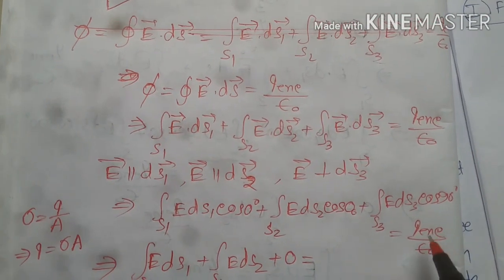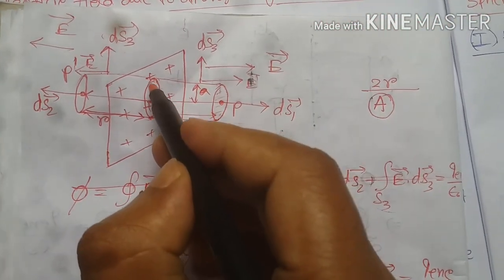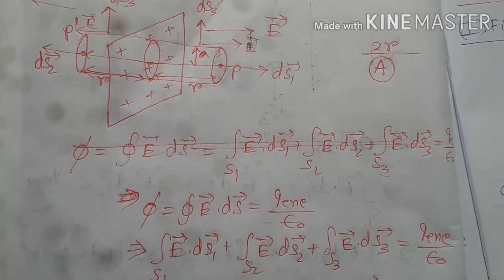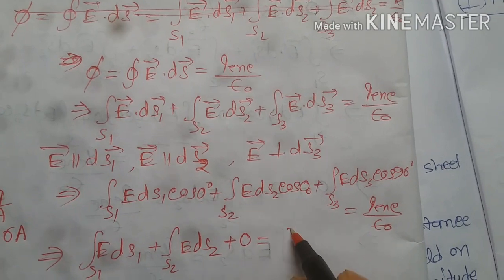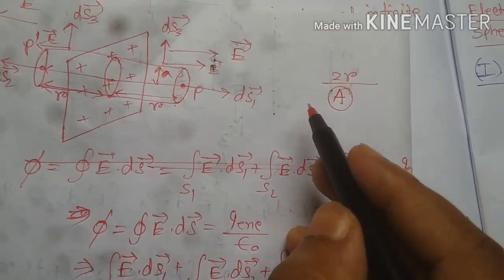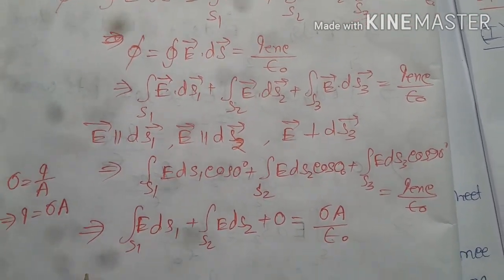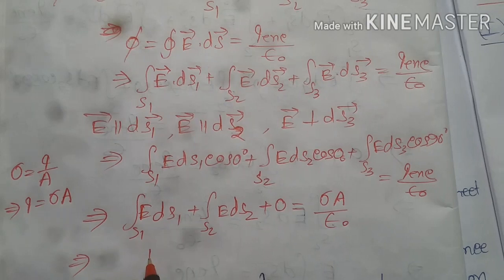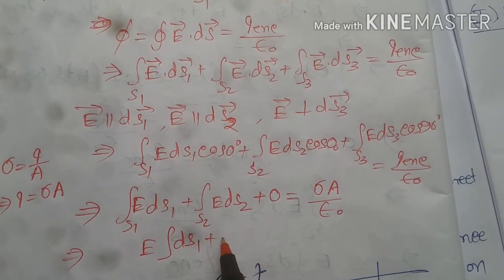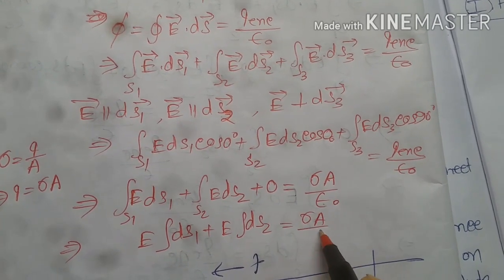So the total charge enclosed by this cylinder is sigma into A, where A is the cross section area of this cylinder, divided by epsilon naught, and this is E integral ds1 plus E integral ds2 equals sigma A divided by epsilon naught.